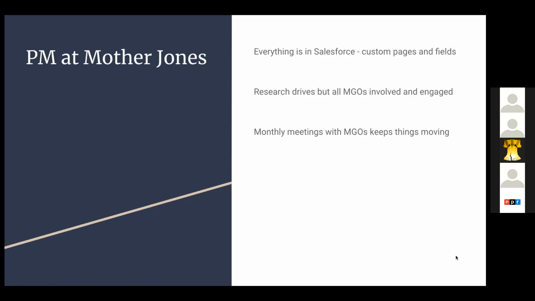The key way I keep this program on my front burner and on the gift officer's front burner is monthly meetings. I meet with every single MGO every month, and we talk about everything about their portfolio. I am able to run reports based on data that we collect that says, hey, these 10 people haven't had any sort of activity from you yet this year.